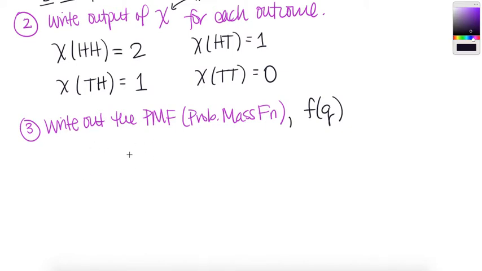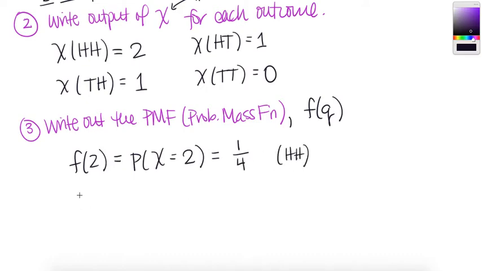Basically, the only probabilities that aren't going to be 0 are when we get 0, 1, or 2. So let's start with the highest. f of 2, the notation tells us, is the probability that our random variable is 2. We had 4 outcomes, and we got a 2 from one of those outcomes. So it's 1 out of 4. And that's from heads heads.